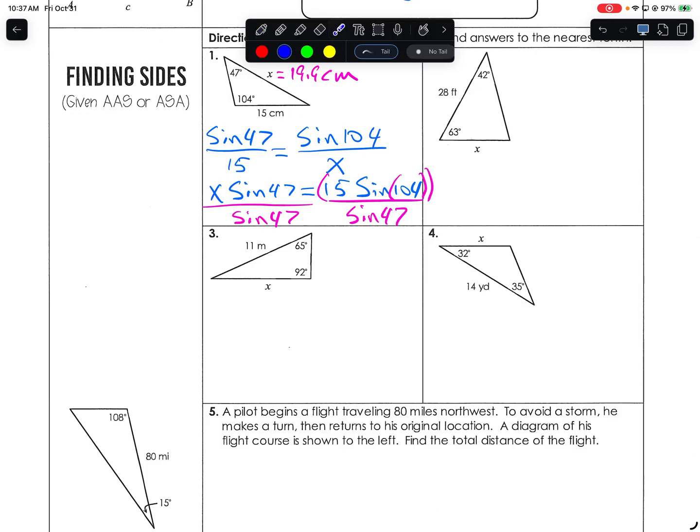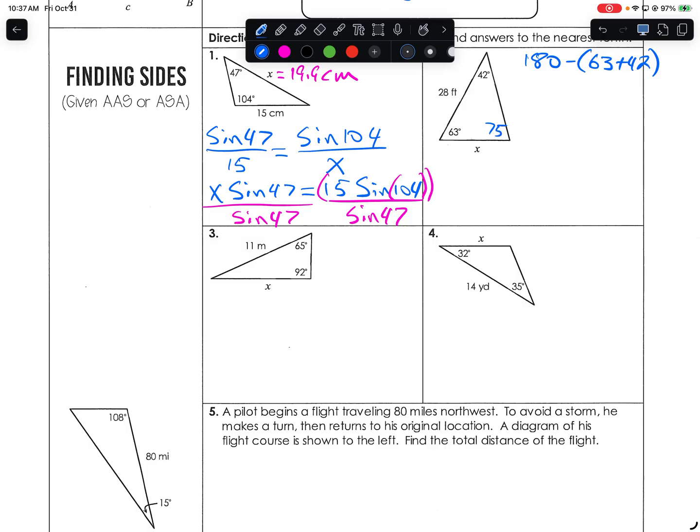Now, if we just look at this problem right here, can we find this angle measure? 180 minus the other two added up, right? We need that for this problem, so let's go ahead and do that. You go 180 minus, and you can put the whole thing in your calculator if you put parentheses around the two angles you're adding up. When we do that, that angle equals 75.